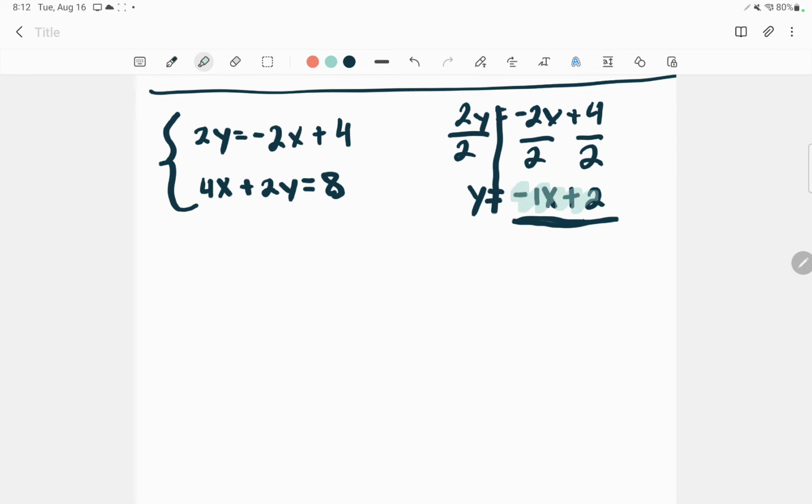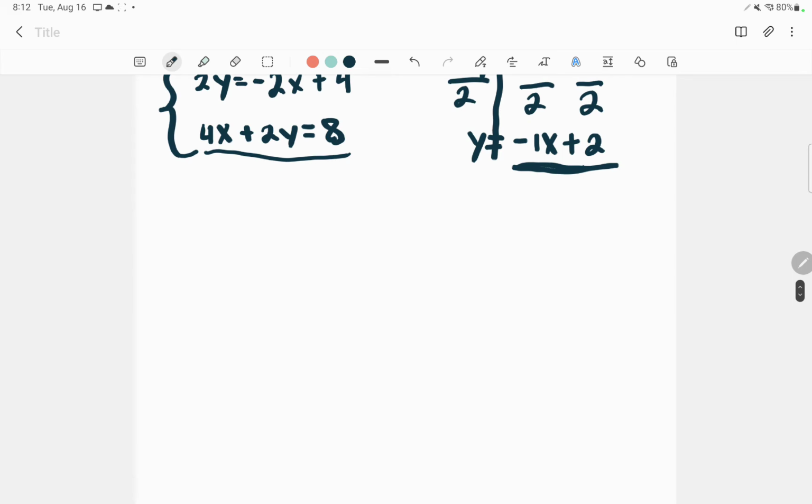All of this, the -1x, I could go ahead, plug it into for y. But instead, I'm not going to do that. I'm going to do it the same way that we did the previous problem. So I'm going to go ahead and change this equation into y equals, because I'm already used to getting both my equations together. The reason is because I'm more comfortable doing that.